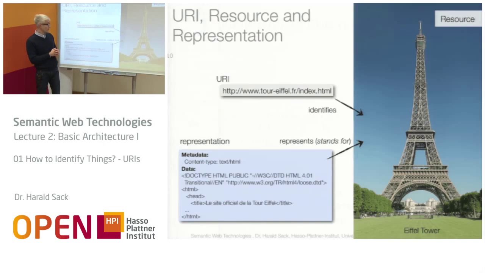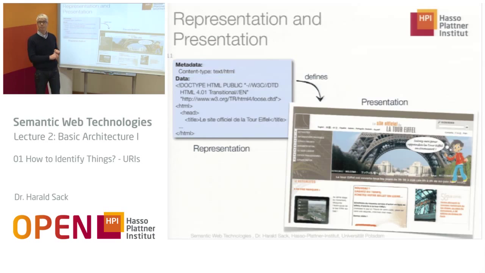So in the web, when we are talking about something, we must have an address for that. For example, we have here a URI identifying a resource that is related to the Eiffel Tower. The representation of the Eiffel Tower in the web is, of course, the web page that contains information about the Eiffel Tower.